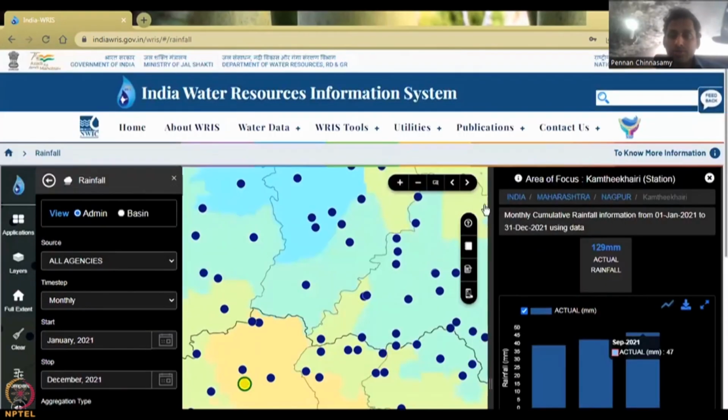Okay, so now we have started with India rainfall, come to Maharashtra state, then from state to Nagpur, and Nagpur to Kamti Kairi, which is the flow chart that we want.